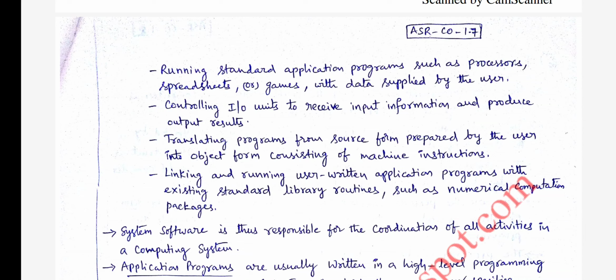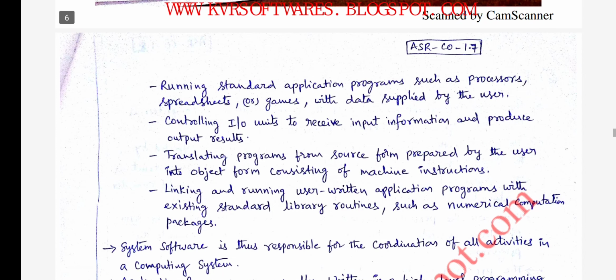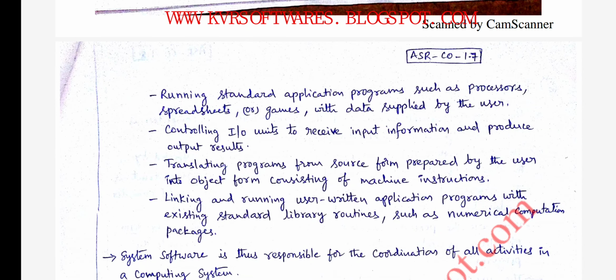For translating assembly language into machine language, or for linking library routines into our application programs, or for input and output, word processors, spreadsheets, games, for all those purposes which are currently executing inside the system, there is a need of some software. Those are called system software, meant exclusively for system purpose.